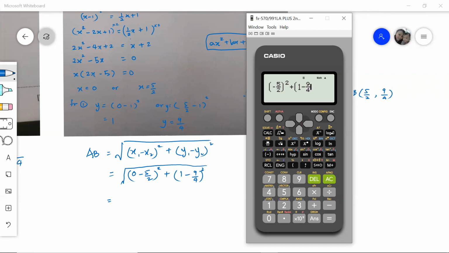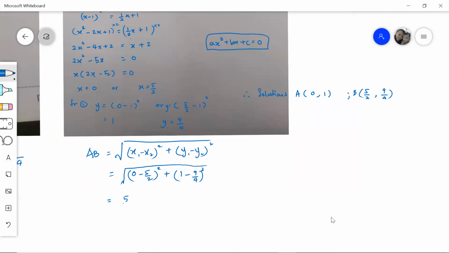Okay, and close bracket and square this part. And let's see, what do we have? 125 over 16. And then that is inside here. Now we need to square root the answer, which gives us 5 over 4 of square root of 5.